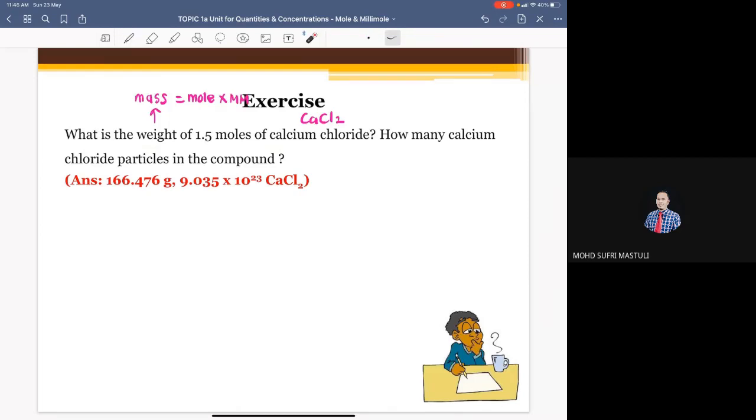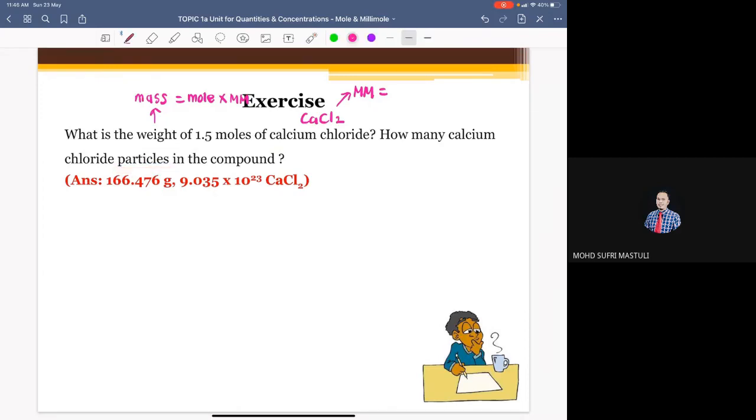The number of moles is already given. So you have to calculate the molar mass of calcium chloride. And then you can obtain the mass for 1.5 moles of calcium chloride. Then, how many calcium chloride particles is asking you about particles in this compound.